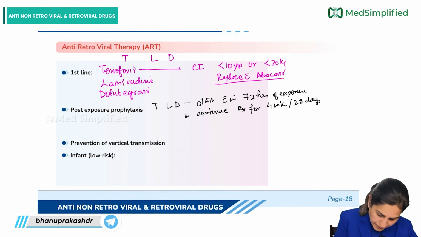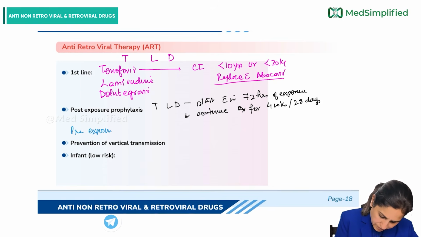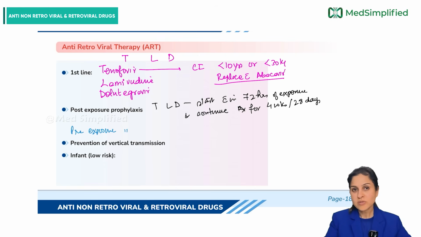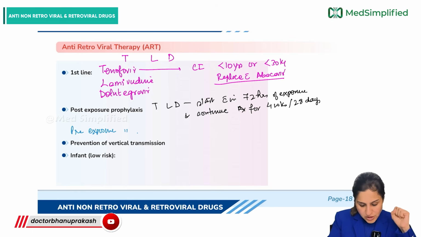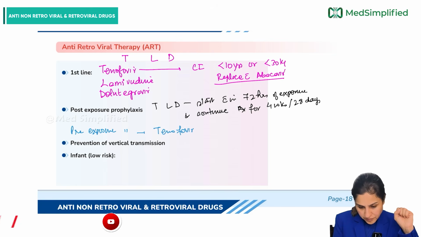What about pre-exposure prophylaxis? Because you can give it where you suspect, like females when there are multiple sexual partners or in the other kind of people. So pre-exposure prophylaxis, what we do is we give tenofovir along with emtricitabine.